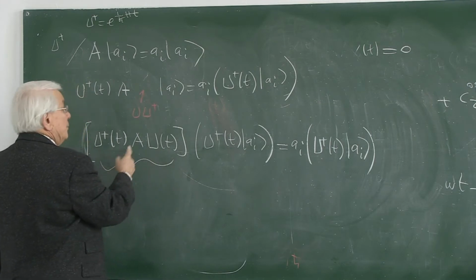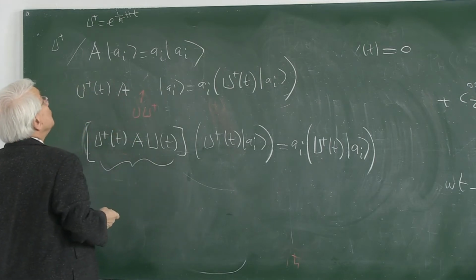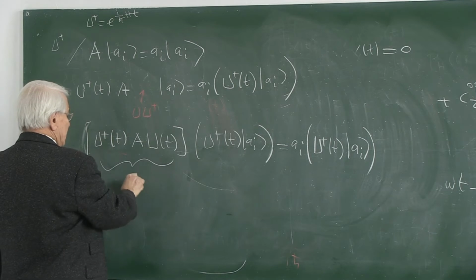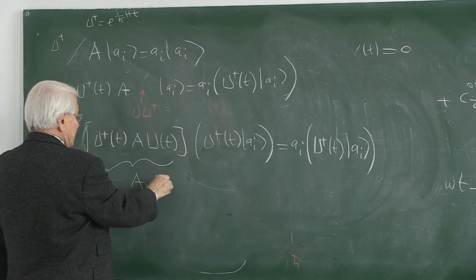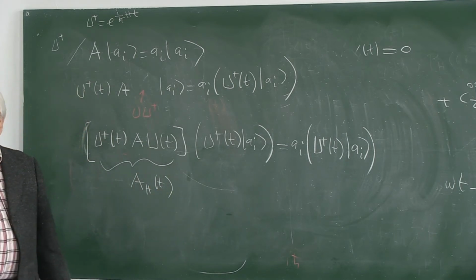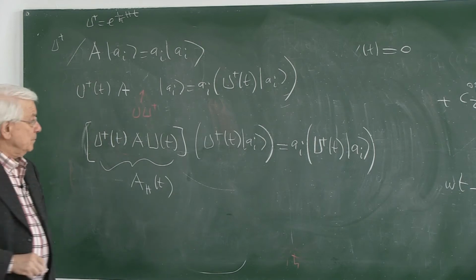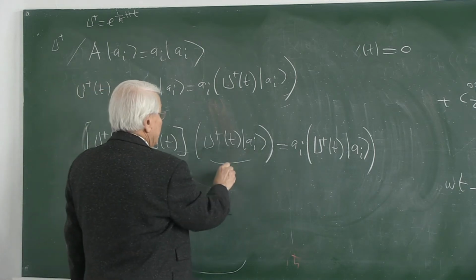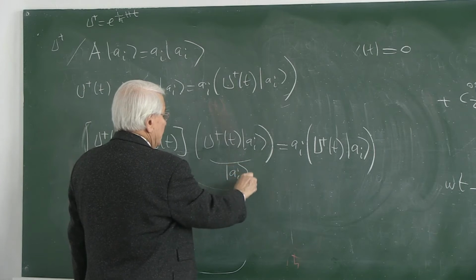This is now, with this particular choice of the U, the Heisenberg operator, the same observable written in the Heisenberg picture. And this should be then the a_i in the Heisenberg picture, right?